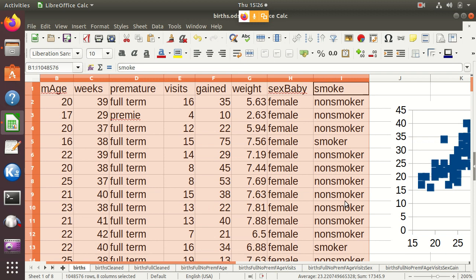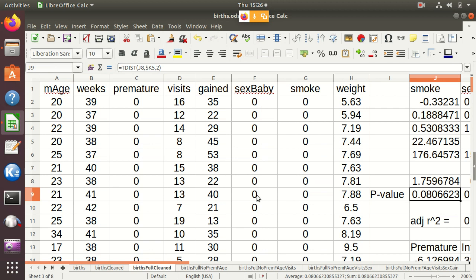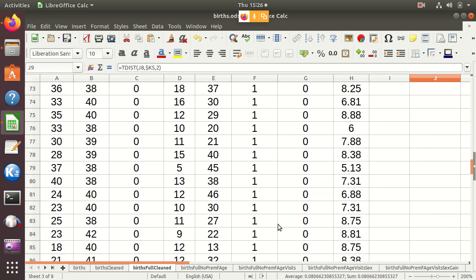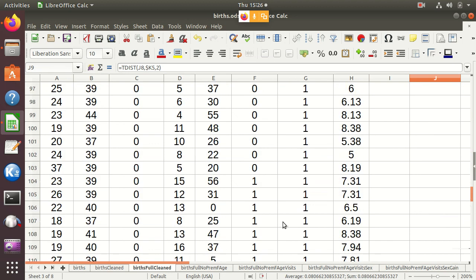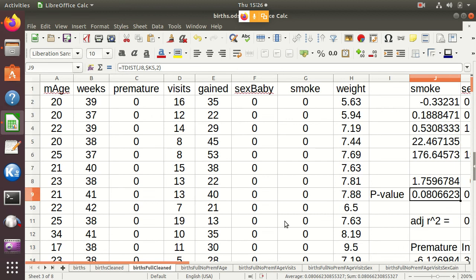Okay, so we had that. Now back to this cleaned up stuff. So now you see the zeros and well, you can't see the ones. They're down there somewhere. There are some ones. Okay, so those are the dummy variables going in. So I have all those.